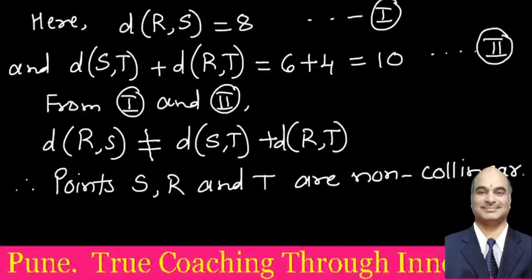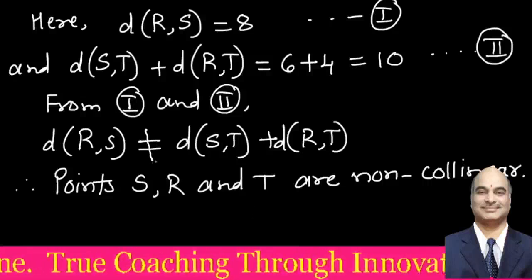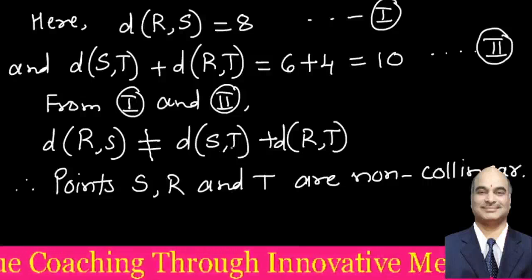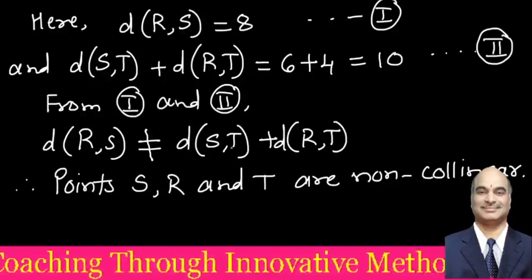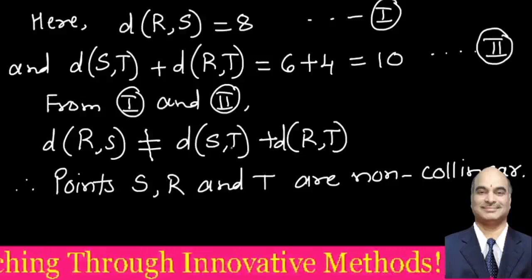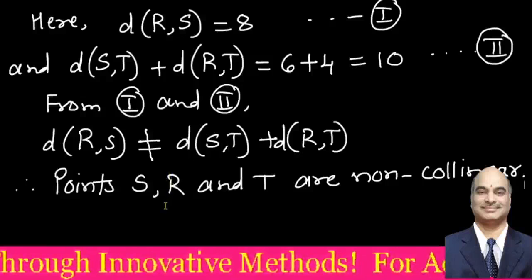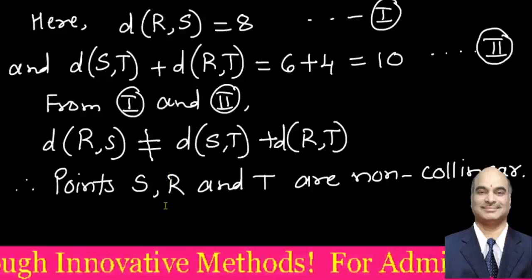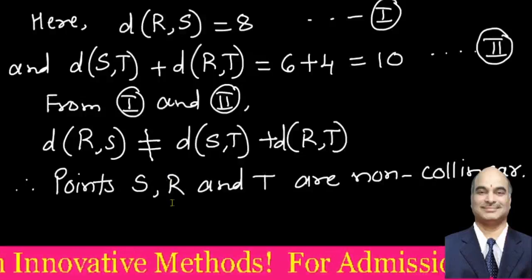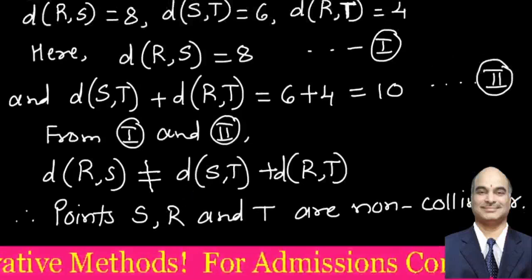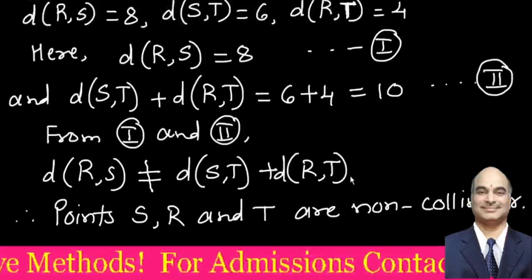Why? Because the sum of two distances is not equal to the third distance here. So these points are not on the same line, therefore they are non-collinear points.